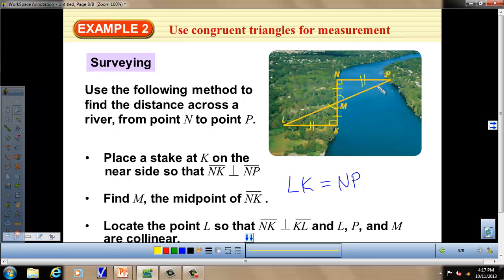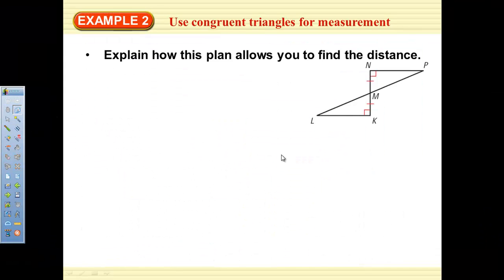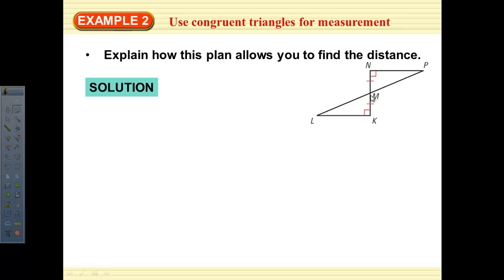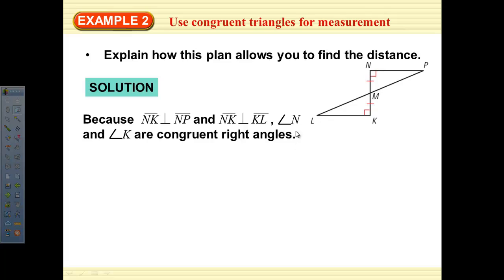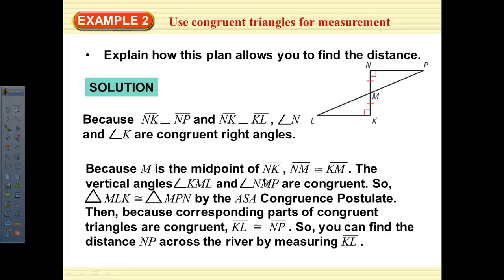So it's kind of a cool problem, and you can use this just about anywhere. So again, we have our angle side, and because of the two angles right here being vertical angles, we know we have another angle there. We know these are perpendicular, so we have right angles there.